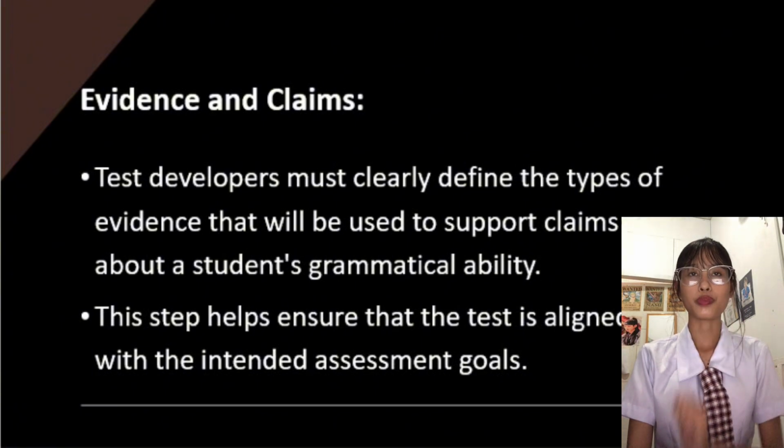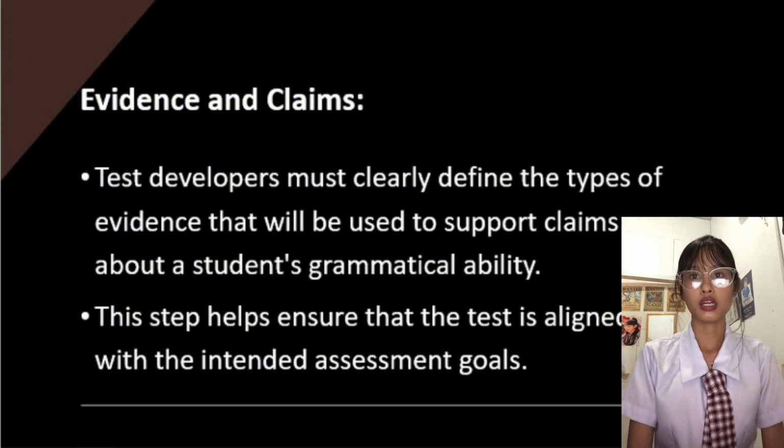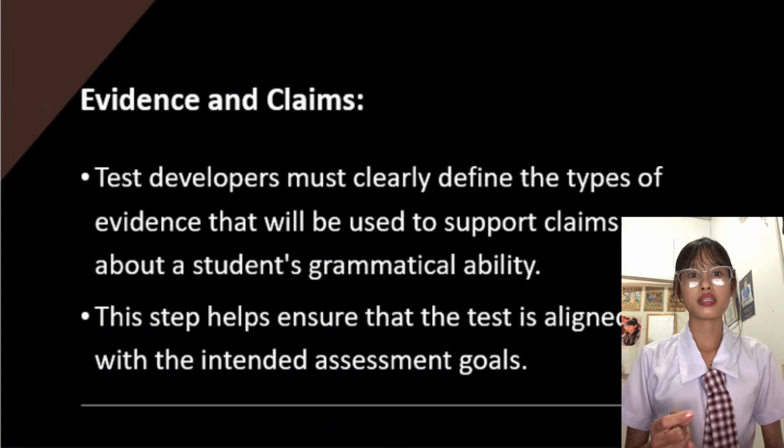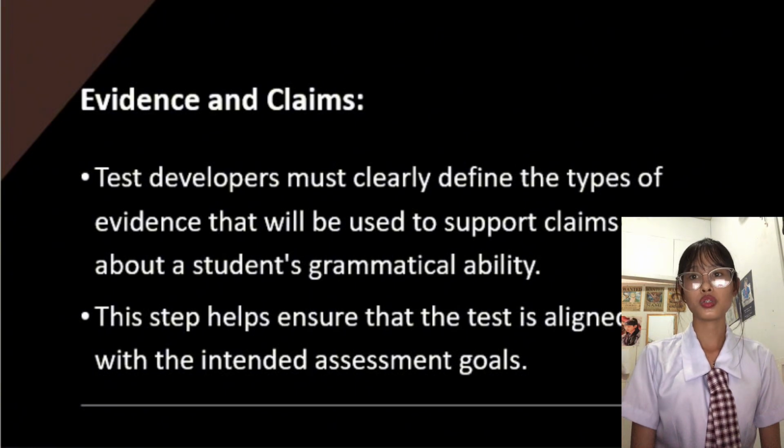For example, if you are creating a test to assess students' ability to write persuasive arguments, you might use their essays as evidence to support claims about their ability to use logical reasoning, provide supporting evidence, and construct a clear argument. These steps help ensure that the test is aligned with the intended assessment goal.